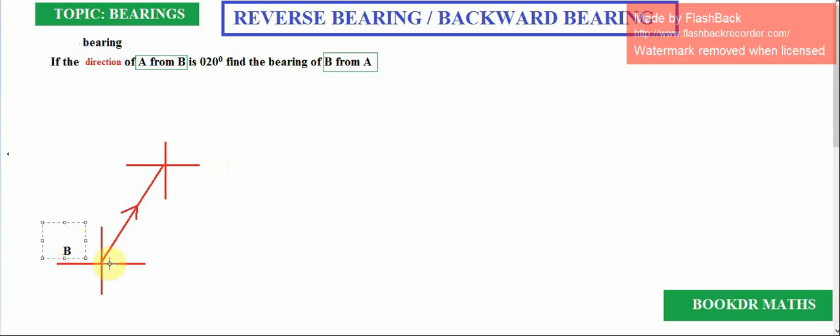Then here will be our A as usual. You place it anywhere closer to this line, and that is accepted.